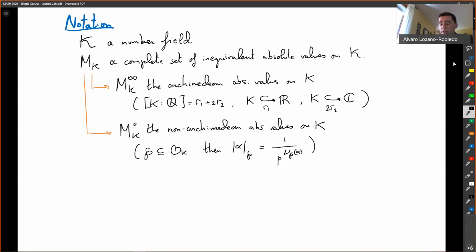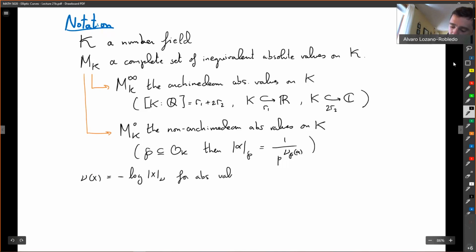All right, and then we're going to write nu of x to be minus the logarithm of the absolute value of x according to nu, for absolute values nu in M_K, and ord is going to be the normalized valuation for nu, for a non-Archimedean absolute value.